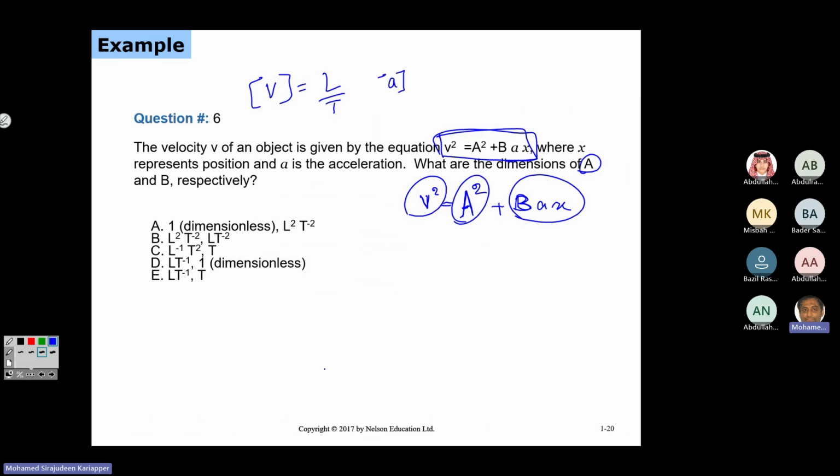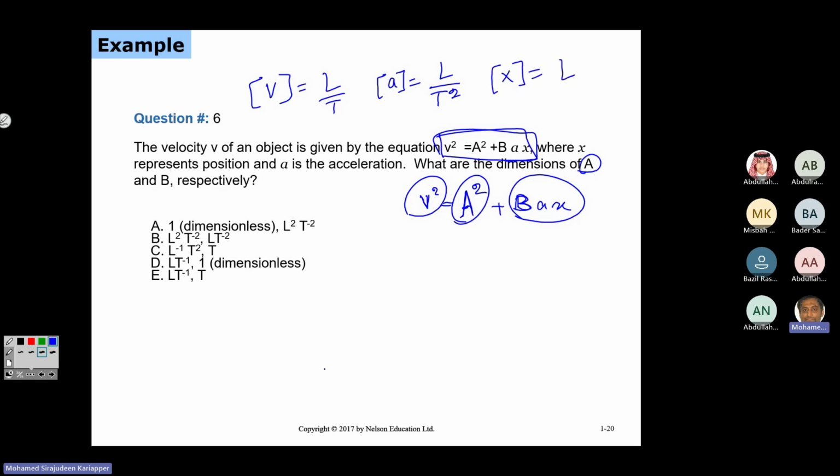Dimension of acceleration is, if someone remembers the unit of acceleration, you'll immediately tell me meter per second square. That will give away the dimension. Meter is length, second square is time square. And x is position, so the dimension of position is length.